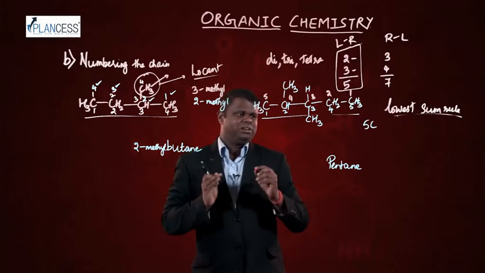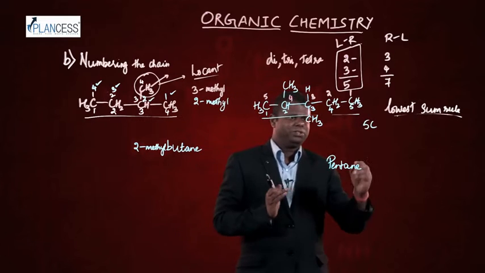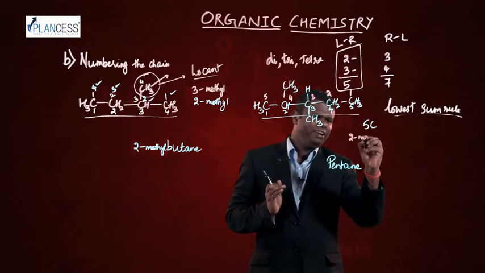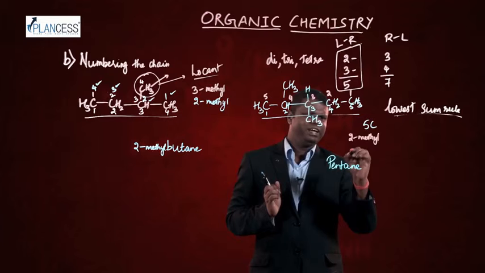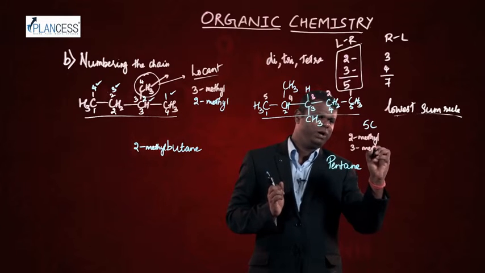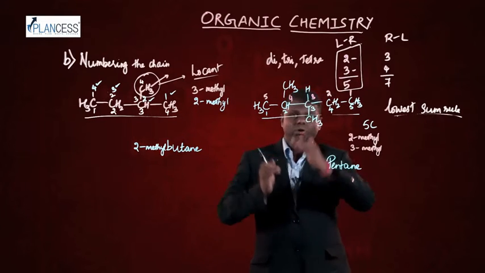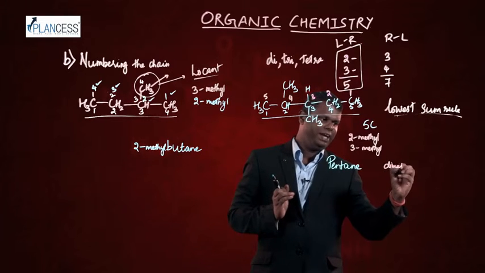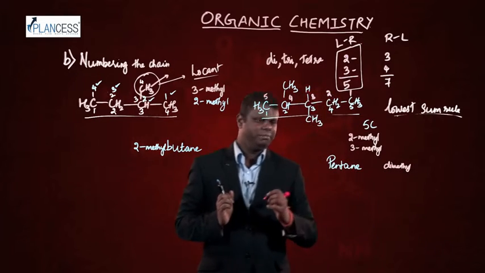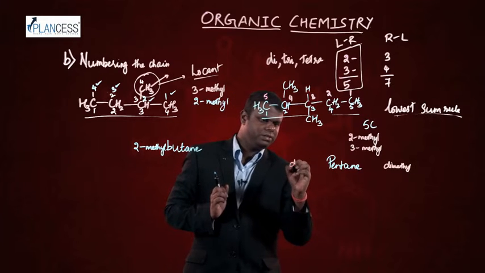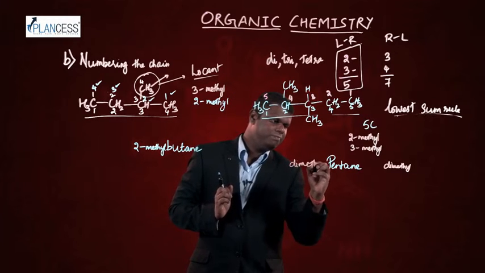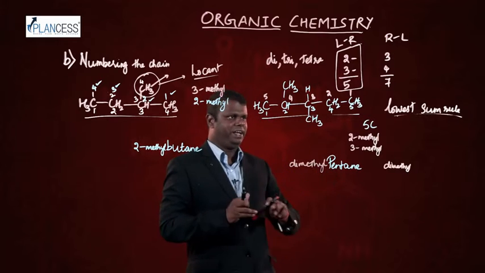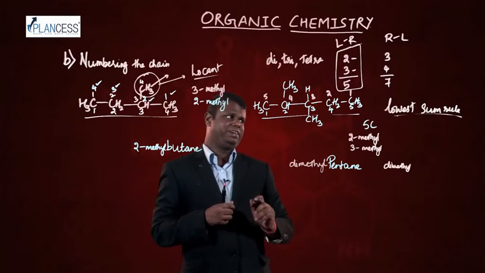So now let's try to write it down. You have 2 methyl, which is one substituent, and then you have 3 methyl, which is one substituent. Since both are similar, you should write dimethyl. So that means it is dimethyl pentane. Now it is still not complete.